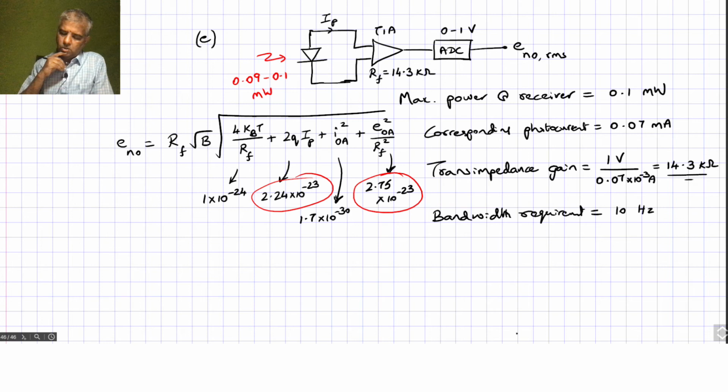To figure out the total noise power, we need to evaluate all these components first.